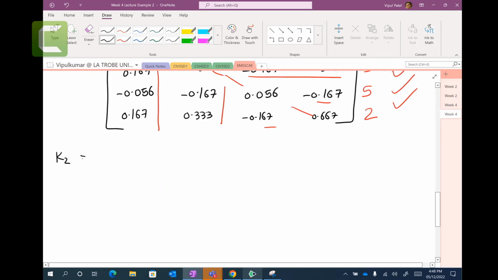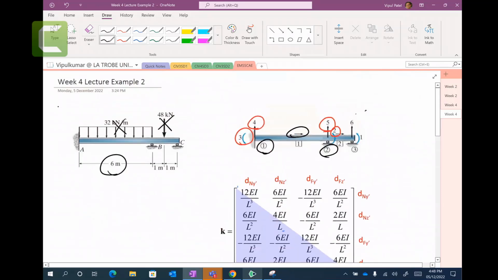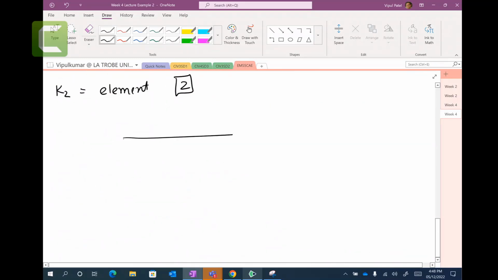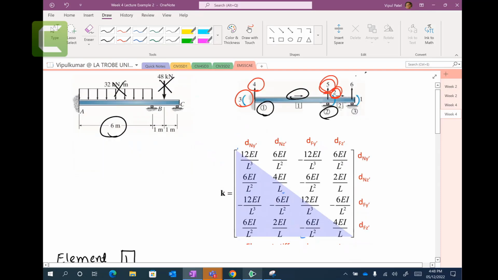K2, element number 2. Here you go. We draw 2, 5, 1, 6. One here, one there, and we get 2 and 5.